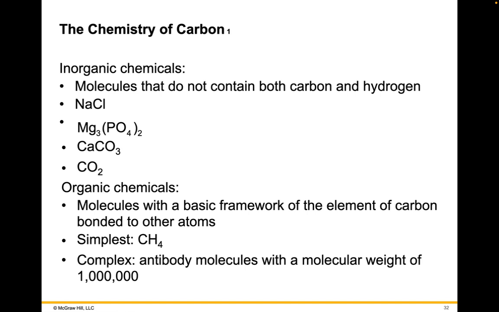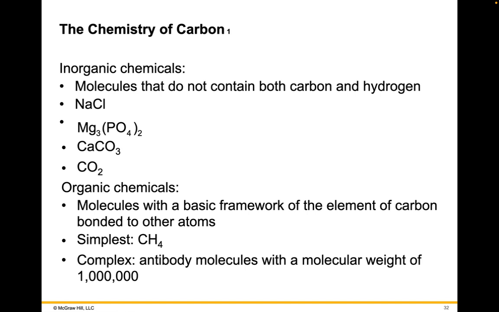For example, salt, water, CO2, things of that nature, larger molecules. Those are inorganic molecules. But if you have a molecule made of just carbon and hydrogen, we're going to call that organic. And the simplest one is CH4.